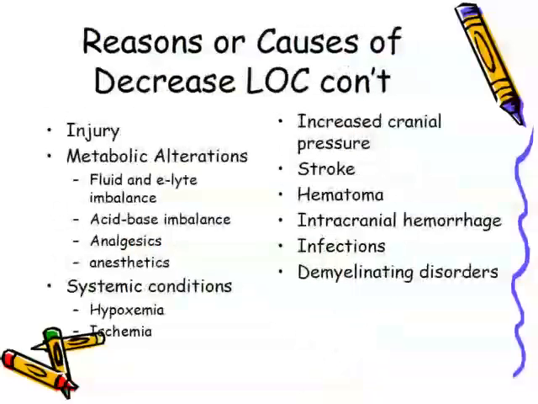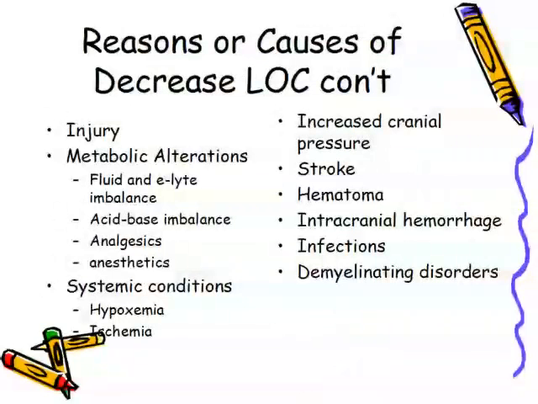Reasons for level of consciousness continued also include metabolic alterations. So, for example, fluid and electrolyte imbalances can cause this, acid-base imbalances, anesthetics, and systemic conditions such as low oxygen levels and ischemia.